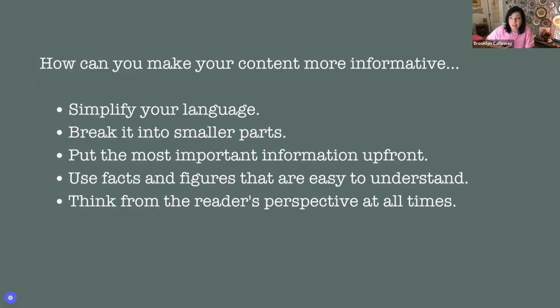Break it into smaller parts. So, an example, I use Meg a lot on this one, but Meg was doing an informative series, an educational series, but still, this is about breaking it down into parts.